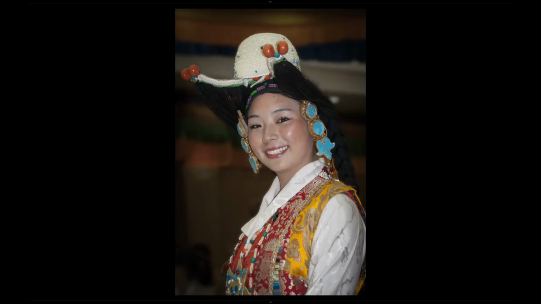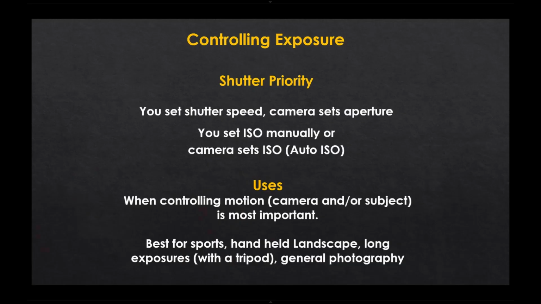But let's now have a look at shutter priority. And this is the situation where controlling the movement in the photograph is the primary importance. So we determine the shutter speed, the camera sets the aperture, and either you set the ISO manually or use auto ISO. And we'll come on to auto ISO a little bit further on.